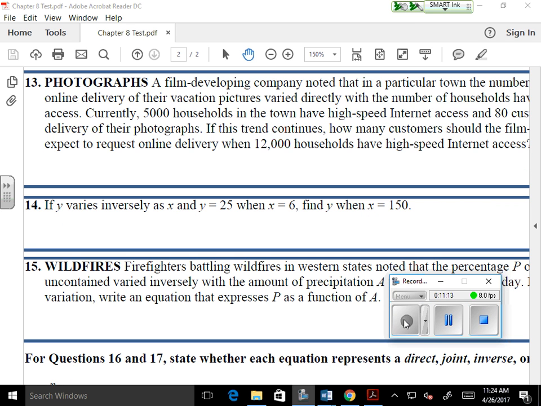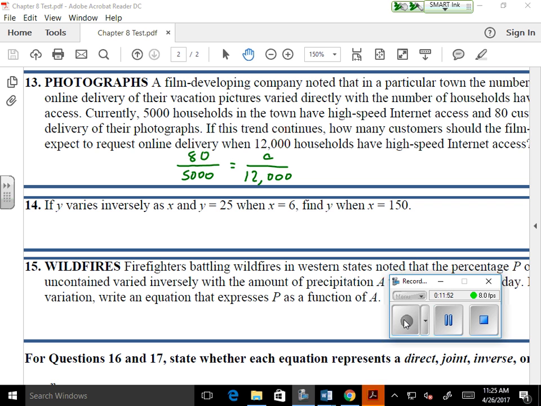For number 13, 5,000 households. Currently 5,000 households have high-speed internet, and 80 customers have their online photographs delivered. So if this is proportional, if this trend continues, what's it going to be at 12,000 households with high-speed internet? So if 80 out of the 5,000, how many can we expect when we reach 12,000 households with high-speed internet?